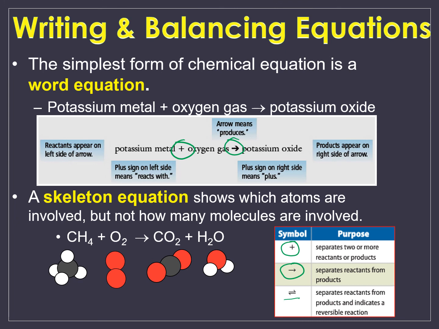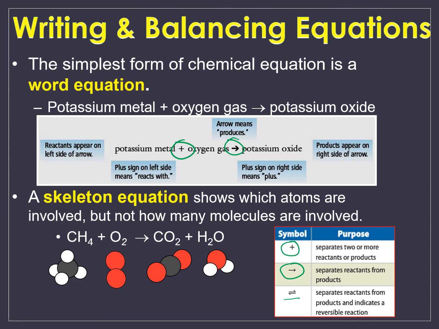Again, it reacts with oxygen, which has 2 oxygen atoms, and it produces or yields carbon dioxide, a 1 carbon atom with 2 oxygen atoms attached, and a water molecule. So, like I said before, the skeleton equation just tells me who the reactants are and what products they're making.